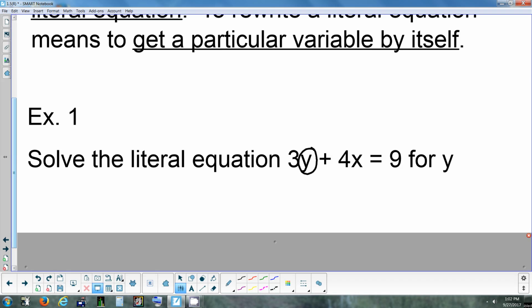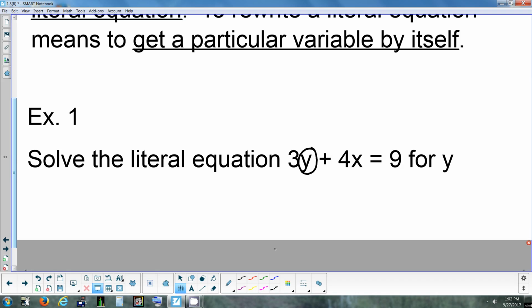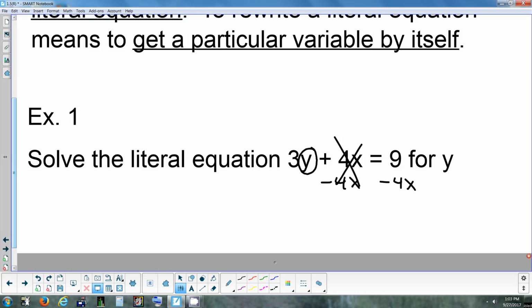Can anybody tell me how you would move 4x to the other side? Yep. You would subtract 4x from the left side and the right side. What does that leave me with on the left for now? 3y. Equals. And what's on the right?